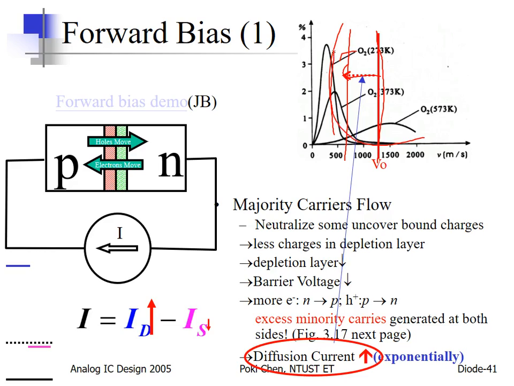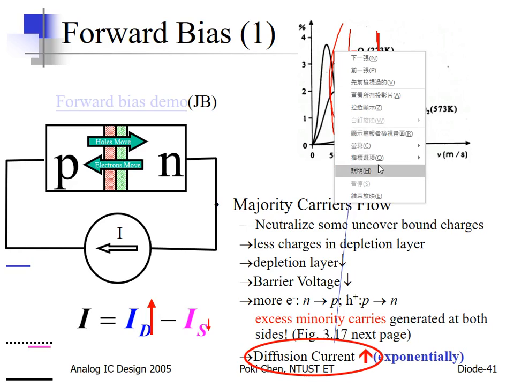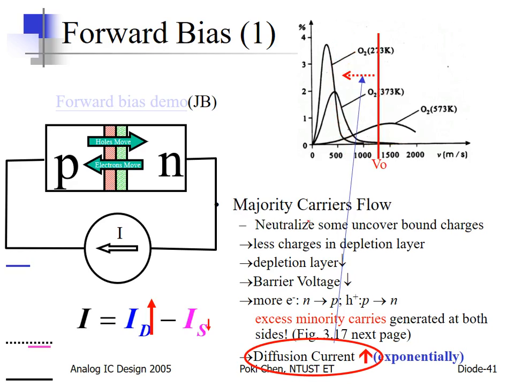The total number of the carriers that can move to the other side is increased exponentially, right? See? Can you see the tendency? The barrier here becomes smaller, it is pushed to the right. So you can enjoy such an exponential increase for reducing the barrier energy.